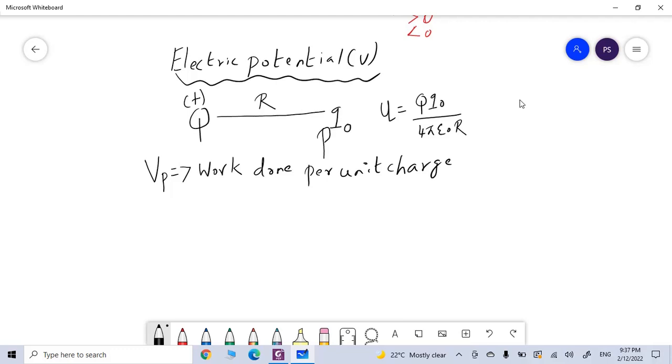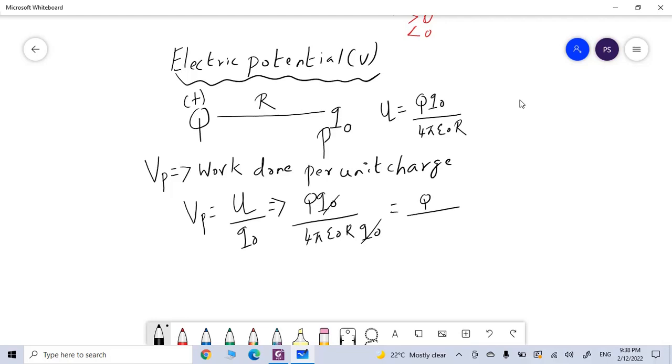Let us write this in a proper mathematical way. So Vp is going to be U over Q0. Now we already know the value of U, so it's Q Q0 over 4 pi epsilon 0 r, and if you include this Q0 per unit charge, this test charge will disappear.